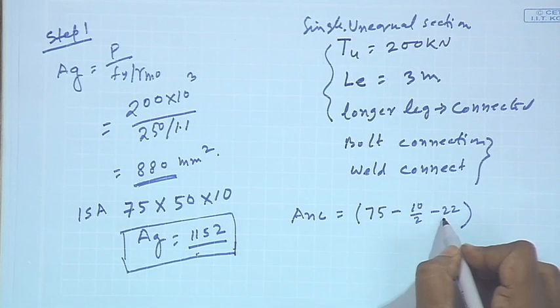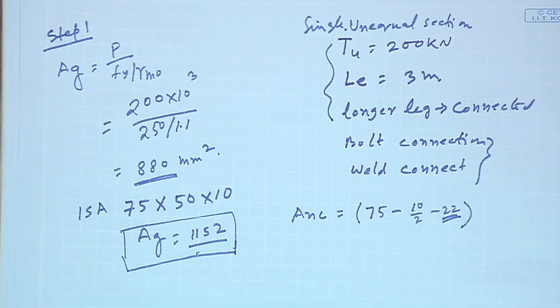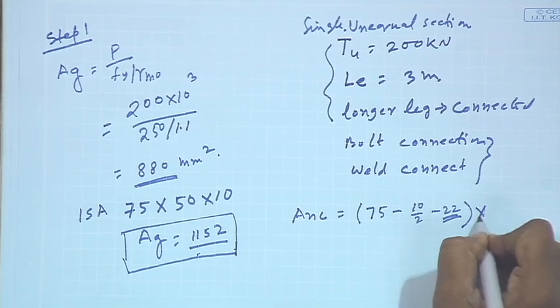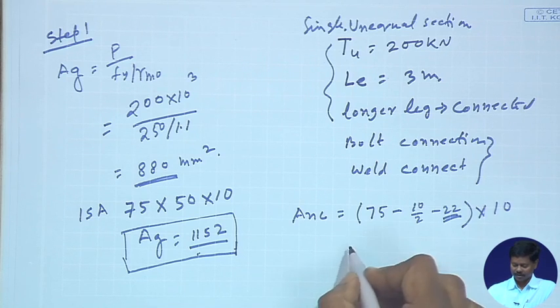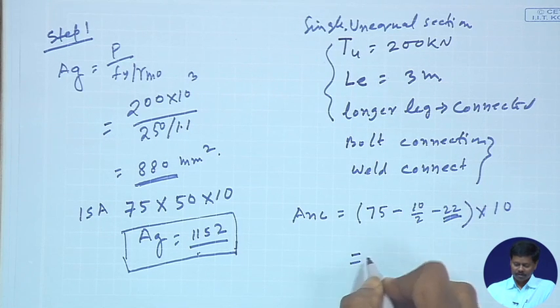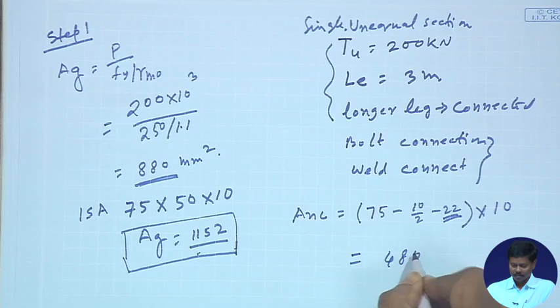When bolt connections we are doing, it is told that 20 mm diameter bolt. 20 mm diameter bolt means the diameter of hole will be 22, right. So, into 10, thickness was 10. Therefore, it will be 480 millimeter square.